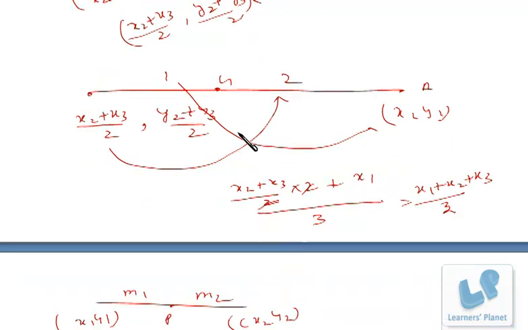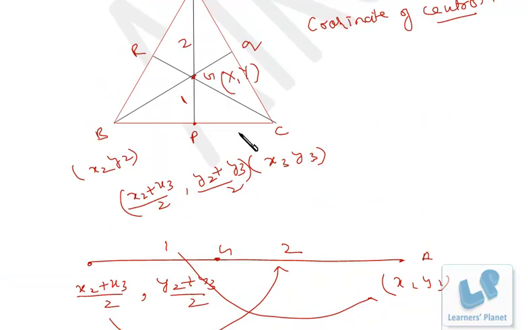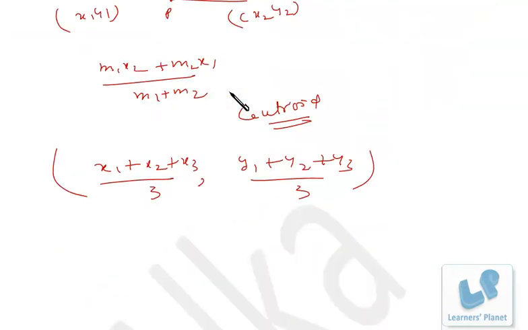That means in all, we can say that all the medians are passing through a common point. That means the medians are concurrent, right? They are passing through a common point, and that common point is actually nothing but centroid. And what are the coordinates of centroid? That we have calculated. Okay.